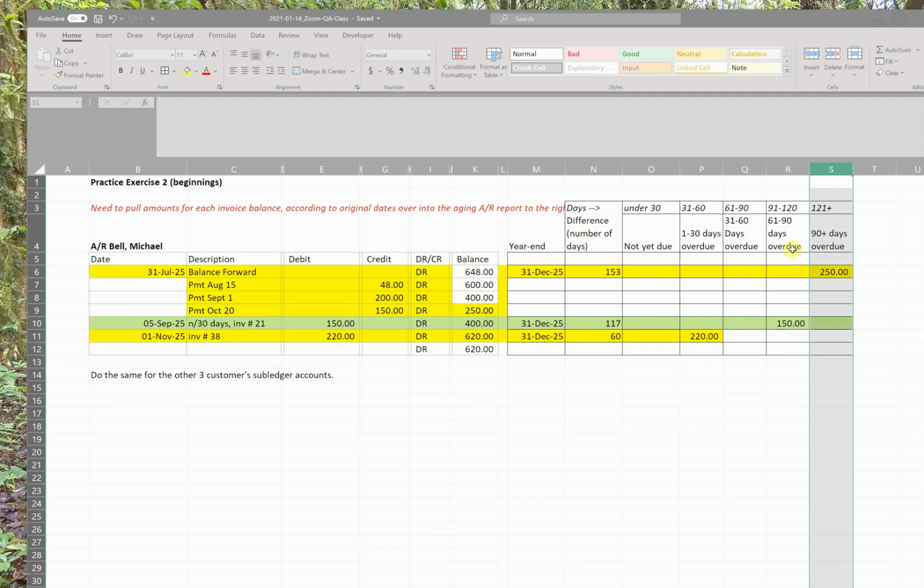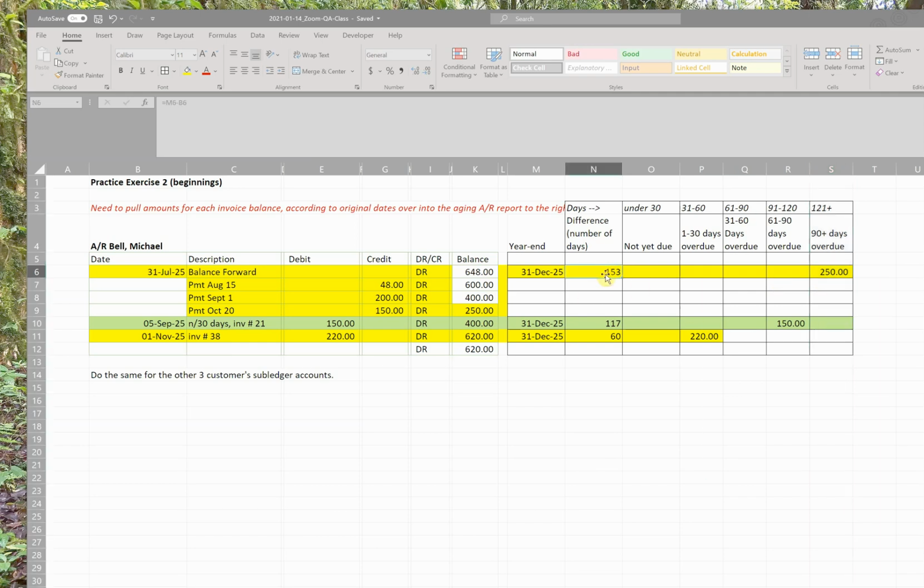We have to remember that the days overdue are not the days since the invoice was written, because unless the terms are net zero, due immediately, then they're not overdue until after that net however many days. So in this example, it's net 30 days. So we need to take that into account.